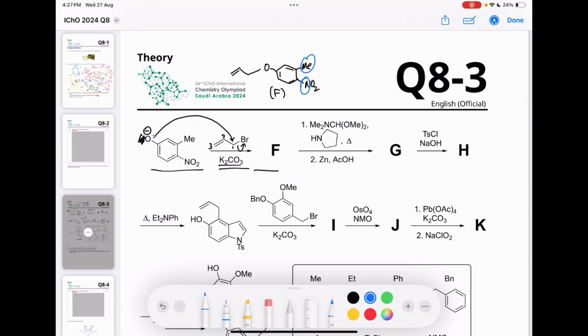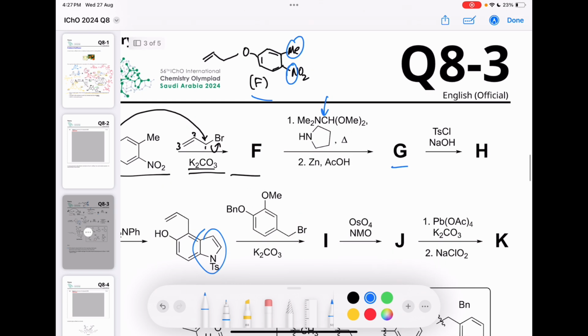So what we're missing is actually just one carbon here. Where does that one carbon come from? Well, that one carbon looks like it will come from here. So G would just be F, but with this part.